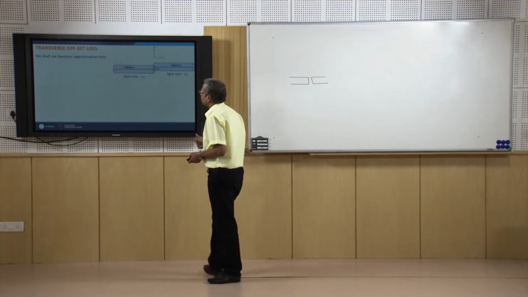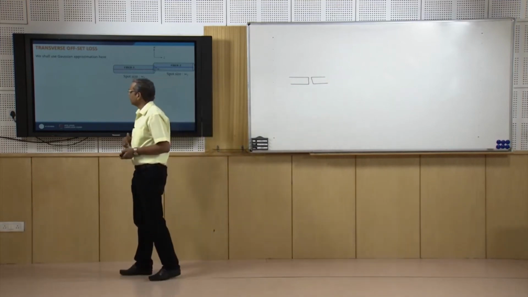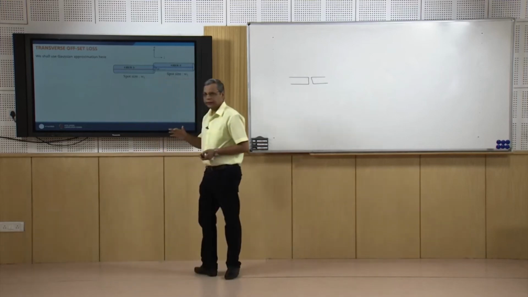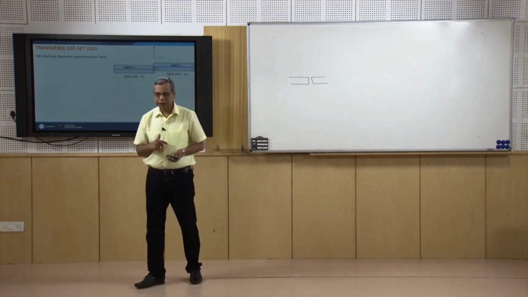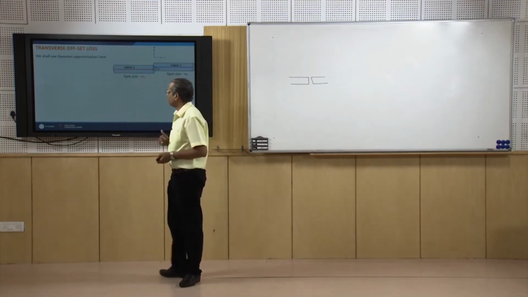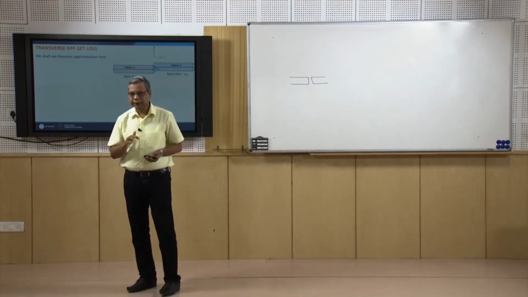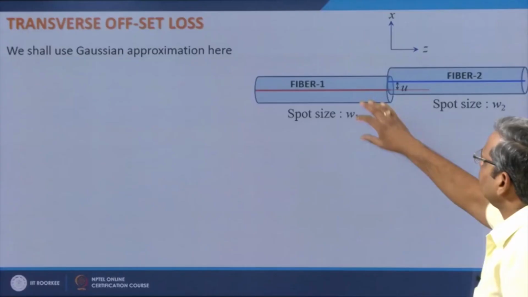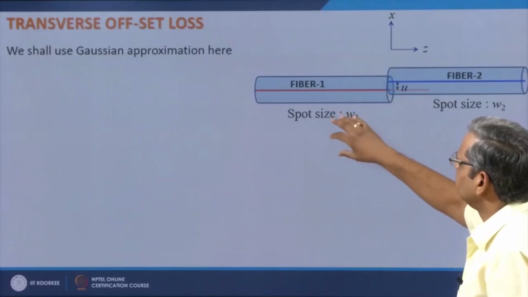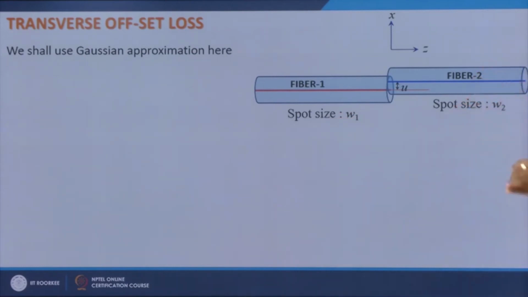Let us work out the expression for loss in the case of transverse misalignment, and in this entire lecture I will use Gaussian spots and Gaussian spot sizes of the modes of the fiber, and I will restrict myself to only single mode fibers. So, I have fiber 1 which has a spot size W1, this is the Gaussian spot size, and I have fiber 2 which has a spot size W2.